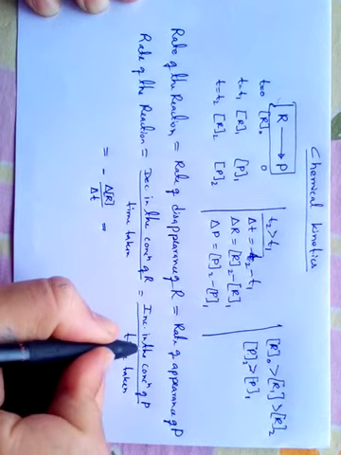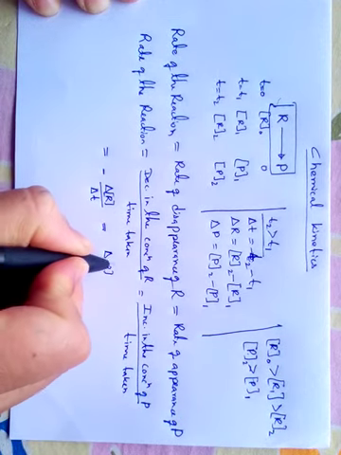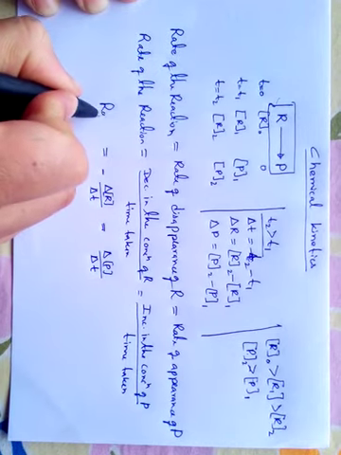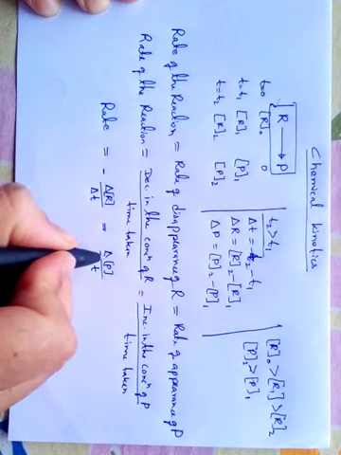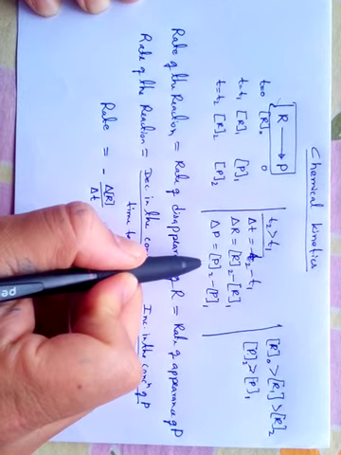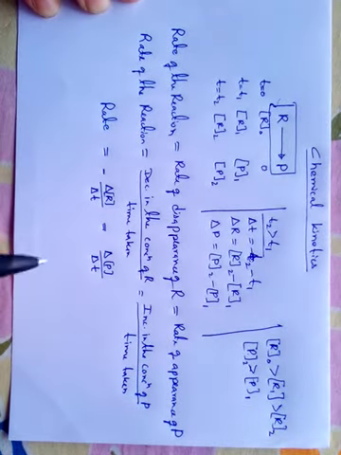And the rate of increase in the concentration of product is simply delta P by delta t. Here a negative sign is not required because delta P is obviously positive, since P2 is always greater than P1 as time progresses.